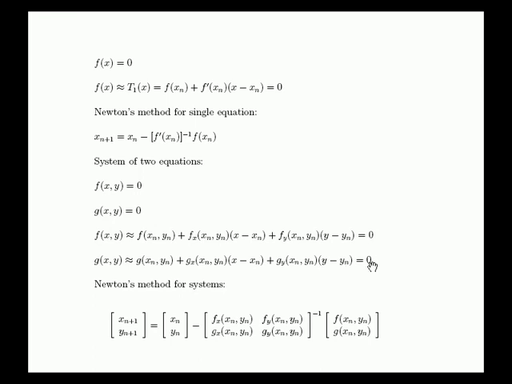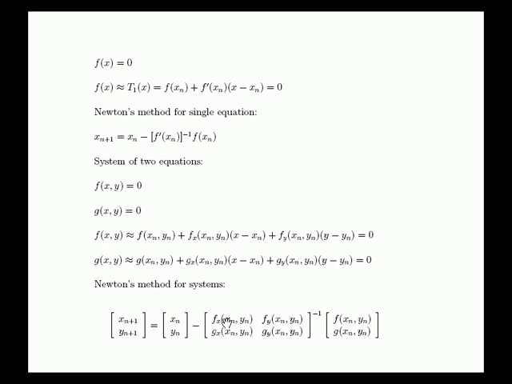You set both tangent planes equal to 0. In other words, you try to find the point x, y where both tangent planes to f and g are 0. So solve these 2 equations for x and y. These are linear equations, so they're pretty easy to solve. You take the f and g to the other side, minus the f, g vector, and you have a matrix f sub x, f sub y, g sub x, g sub y.